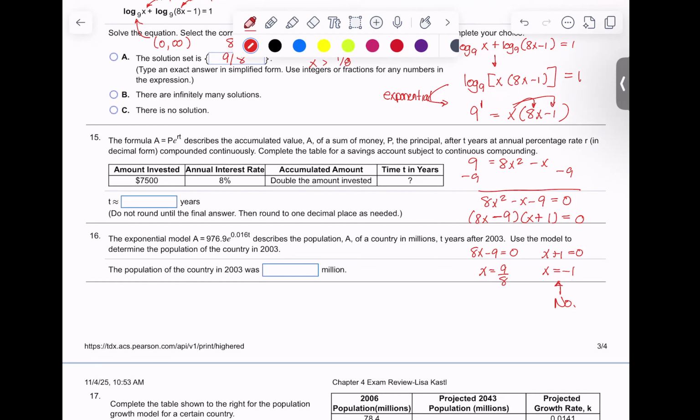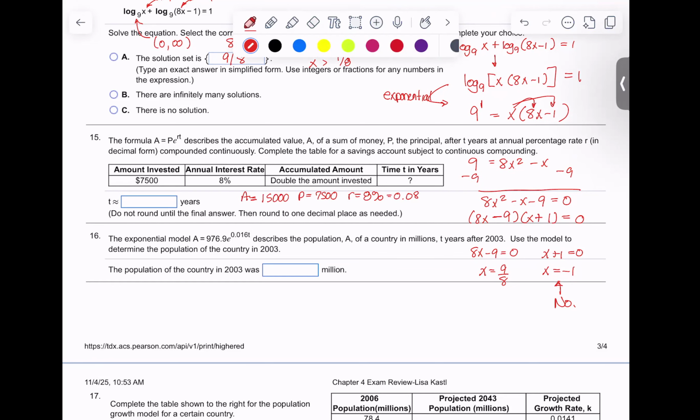So if I plug this in, A would be the double, or doubling, 7,500. So it's going to be 15,000. Investing 7,500 at a rate of 8%, which is 0.08, divide by 100.